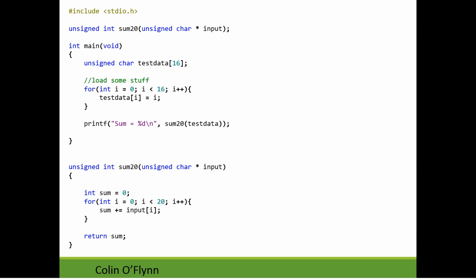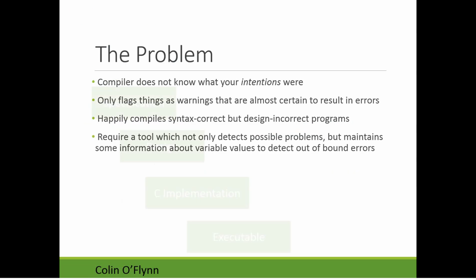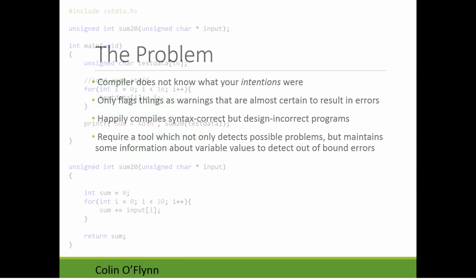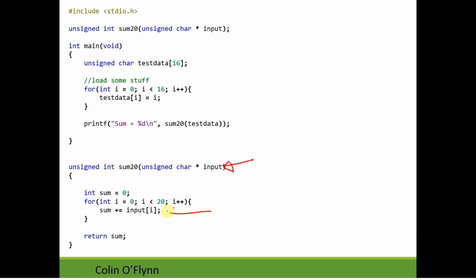As an example, I have this C program here, and I have this routine, sum20. What this routine does is it takes an array with 20 elements in it, adds them all together, and returns the sum.